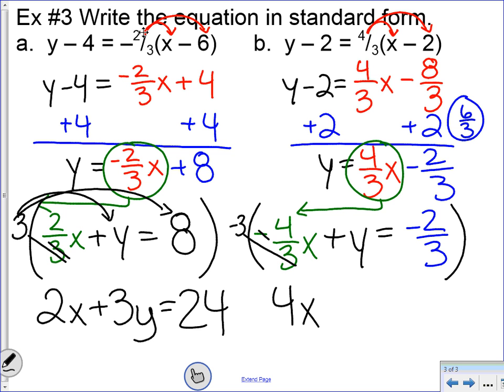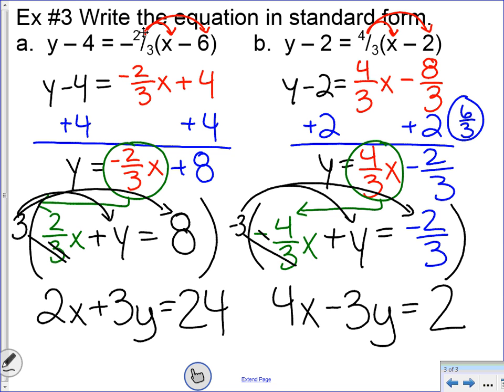This saves a step, and then multiply by negative 3 times y is negative 3y, and then negative 3 times negative 2/3 will result in positive 6 on the top, divided by 3 is 2. You notice that gets rid of the fraction over there at the same time. And this one is now in standard form. So this is how you write equations using slope-intercept form, or point-slope form.